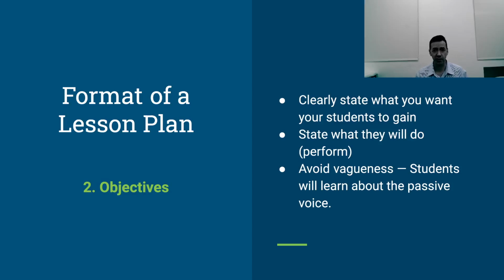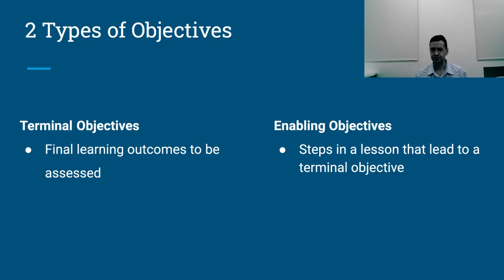What does learn really mean? They learned it, they can see the words and recognize it, or they know how to spell it, or they're able to use it in a sentence. They know the rules. It's really vague, so you need to be very specific. Something that at the end of the lesson, you can ask the students to perform what it is they're supposed to, and then you can evaluate it.